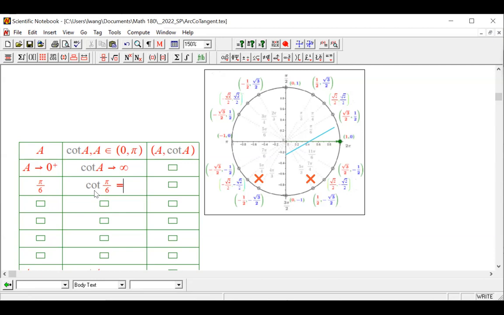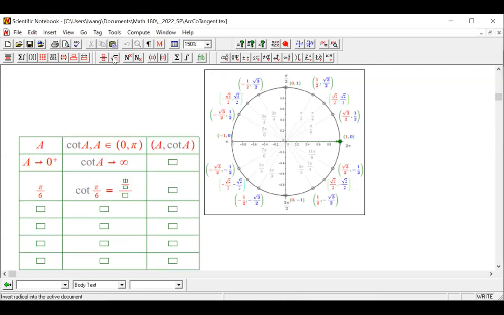But anyway, cotangent pi over 6, right? So we said we're going to do that calculation. I'm going to take the red number divided by the blue, right? You guys probably have done it.